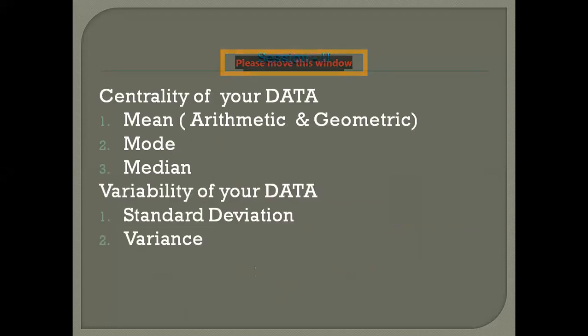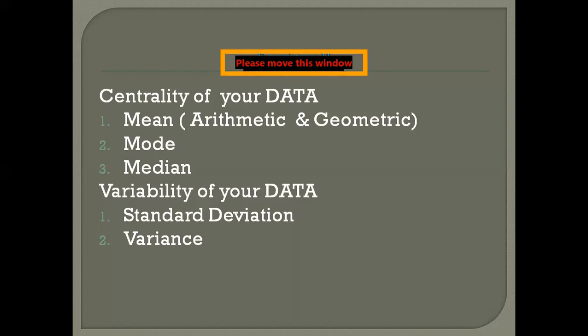Before we switch to Excel, let's have a brief discussion about where we are going to lead ourselves now. As we found in our previous session, there are two important aspects of the data: one is centrality of the data and one is variability of the data. Centrality of data tells you where the center of the data is.